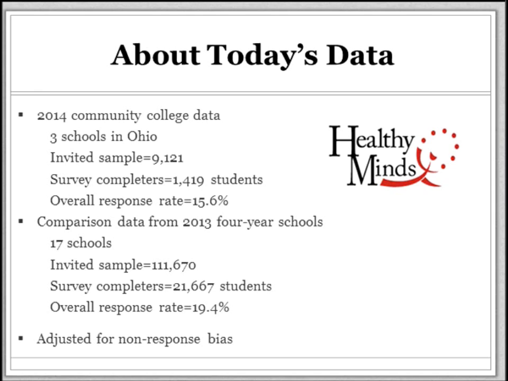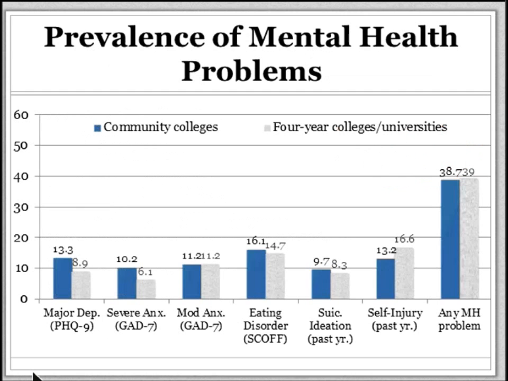All of the findings that we're going to present are adjusted for non-response bias. By that I mean that we collect administrative data from the registrar's offices, and then use that to weight the responses based on those known characteristics: gender, student level, and grade point average.